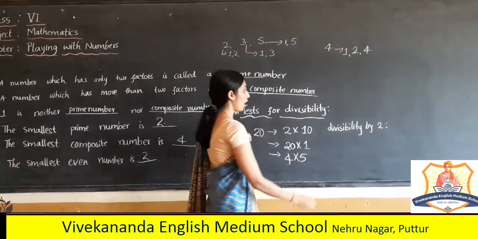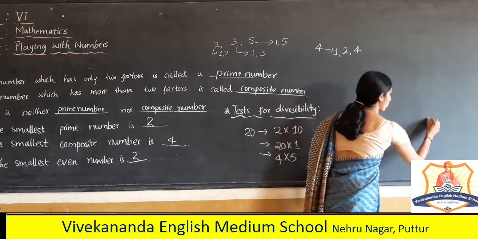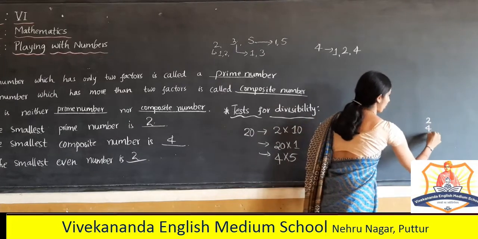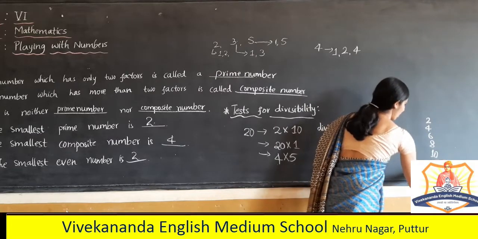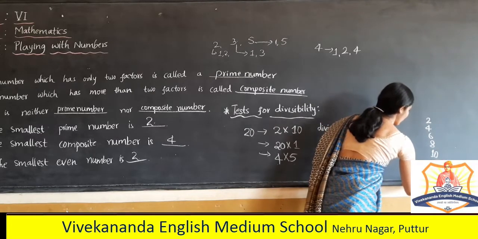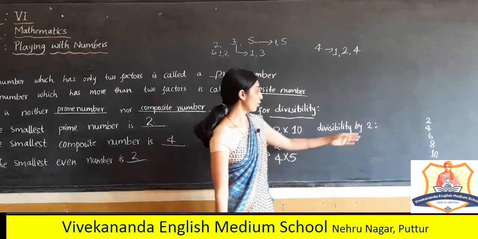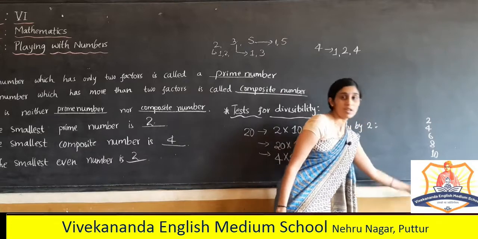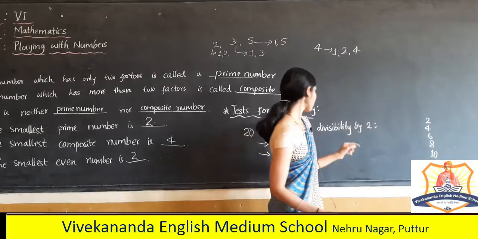Okay. Let me list out all the multiples of 2. 2 ones are 2, 2 twos are 4, 2 threes are 6, 2 fours are 8, 10, 12, 14, 16, all these. If I go on continuing, it goes on. So, multiples of 2.